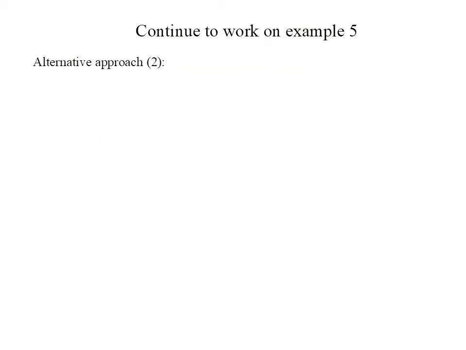Here we continue work on the second alternative approach for example 5. Since logarithm base 18 of 9 equals A and 18 to the B equals 5, A equals the quotient of natural logarithm of 9 to natural logarithm of 18.